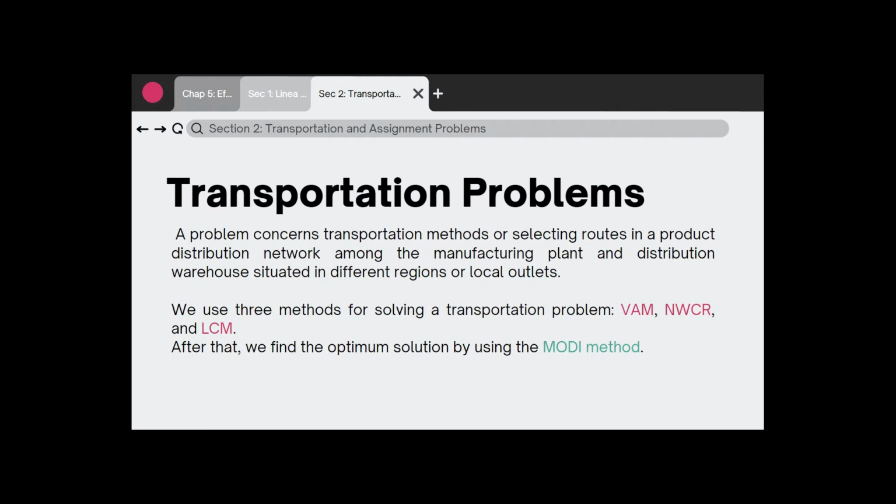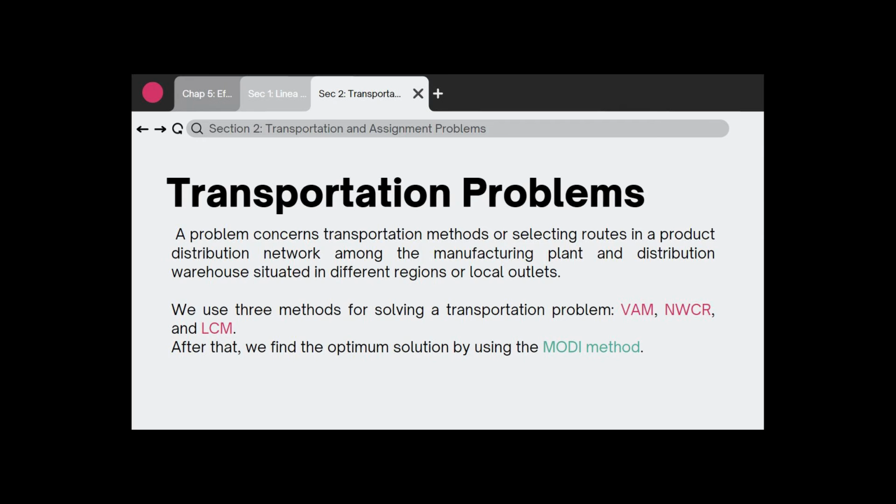In the transportation method, management is searching for a distribution route which can lead to the minimization of cost and maximization of profit. We use three methods for solving a transportation problem, which are VAM, NWCR, and LCM. After that, we find the optimum solution by using the MODI method.